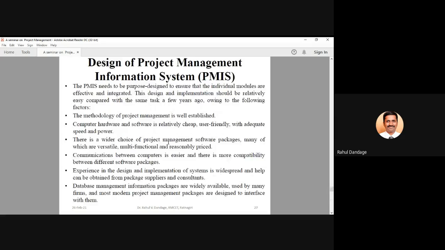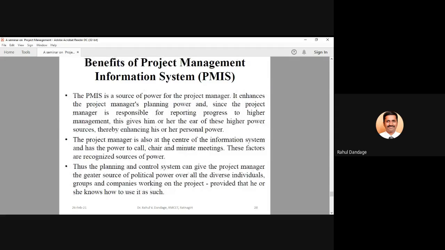The benefits of project management information system: it is a source of power for the project manager because the project manager can get all the information within a click. Once he gets logged in on that project management information system software, whatever you are having, within a click he will get the information with respect to the progress of your project.